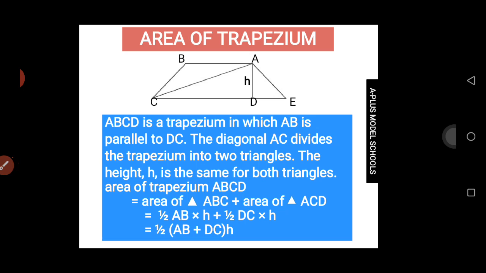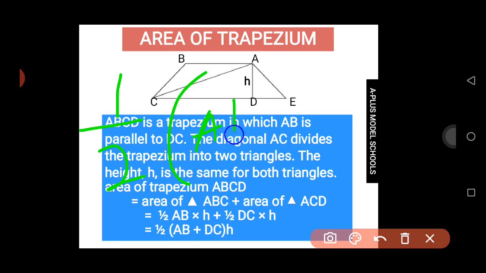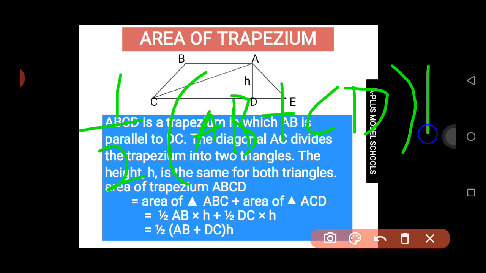which is the same thing as half of open bracket AB plus CD close bracket H. You can see A, B, C, D here has occupied the whole of the trapezium.